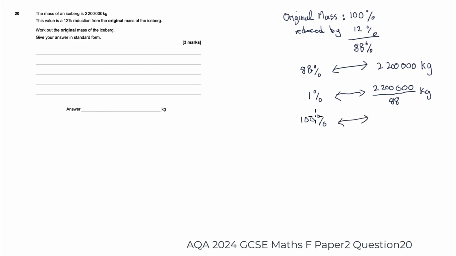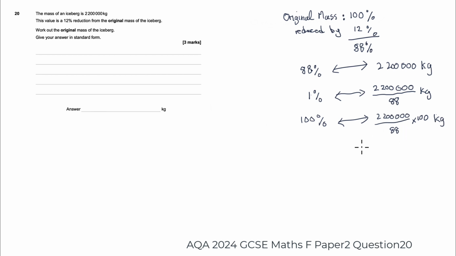Well, we would multiply by 100. Take this number, whatever it is, and multiply it by 100. And we've now got the wee recipe that will give us our answer.